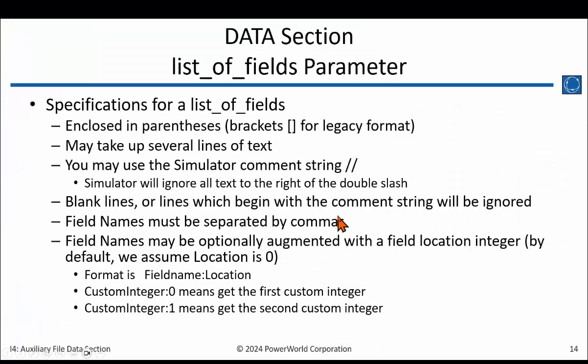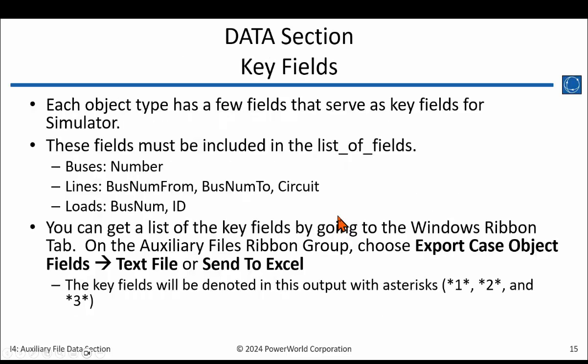And another thing that's important, if you're writing data out for the purposes of being able to read it back in later, which is the main reason why you'd want to use auxiliary files, is so that you can apply it to a different case, or maybe apply it to that same case at a later time to reset things, maybe back to an original state.